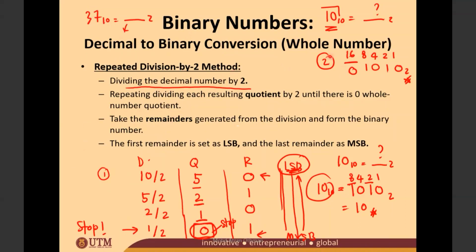Okay, so macam mana nak buat? Okay, kita pakai yang cara kedua. Okay, dapatkan dia punya weightage. Okay, saya tulis kat sini 1, 2, 4, 8, 16. Tak muat pula. Okay, saya tulis kat sini lah.